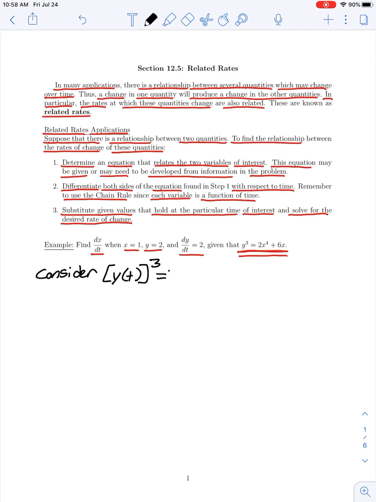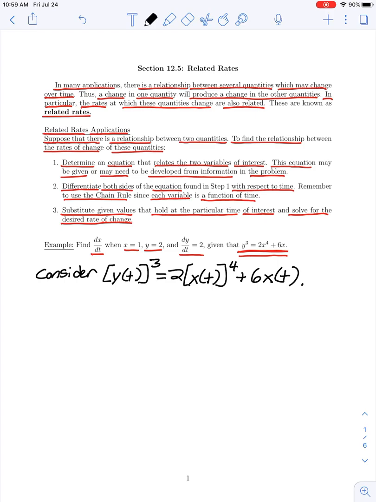And that's equal to 2x cubed, but remembering that x may change over time, x is a function of time. So we have 2 x of t to the fourth, and then plus 6 times x, but we remember that x is a function of time. It may be helpful to rewrite your equation in this way for the first few examples that you do to remind yourself that x and y are still functions of a variable t, which usually represents time.